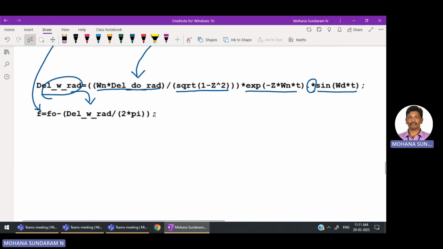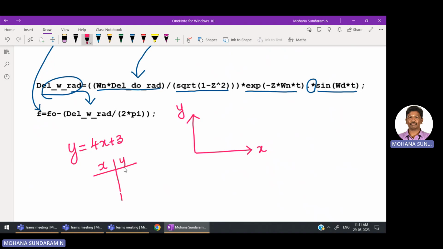For plotting, just understand a simple example. Suppose you have an equation y is equal to 4x plus 3. If you are asked to plot it, you will take x along the x-axis and the y variable along the y-axis. Now you will give some values for x.